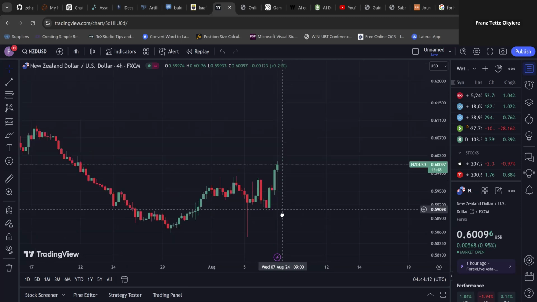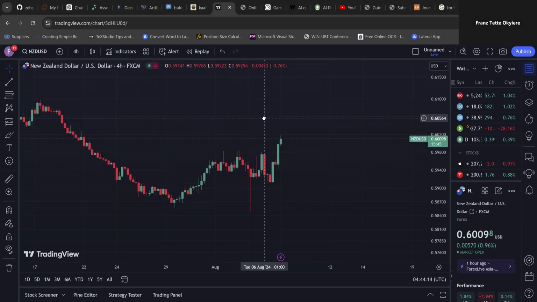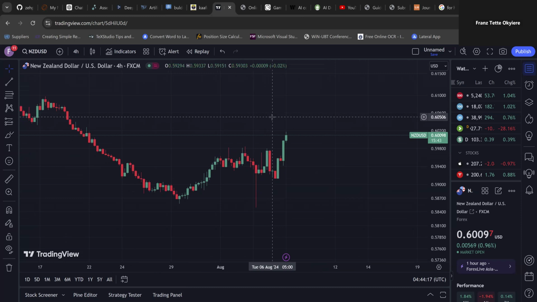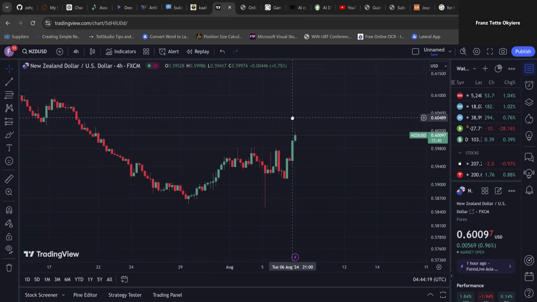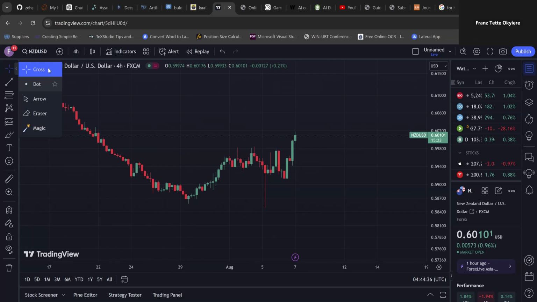So let's look at this chart here. It's like a graph, isn't it? A graph in which we're plotting price against time. On TradingView, which I give to you as an assignment, if you pick the cross icon, you can get the value at any point on the chart, the price on the right hand side.